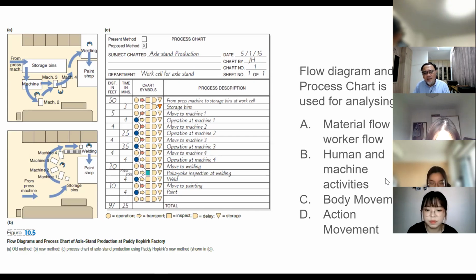Just click anyone and put in your answer. I see one response.